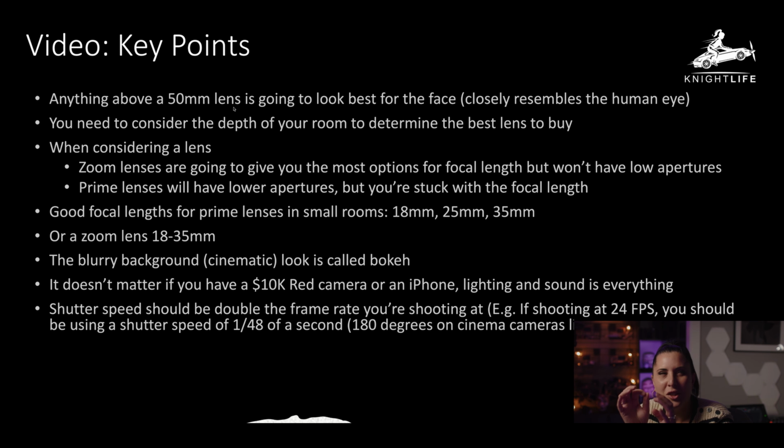It's usually 23.97 frames per second or 24 FPS. If you're shooting at 24 FPS, your shutter speed needs to be 1/48. That's double it. So take your frame rate, whatever you're shooting at, let's say 50 frames per second or 125 frames per second, you double that number, and that's the shutter speed that you want to be at. So it's a really easy and simple way to figure out your shutter speed on your camera.